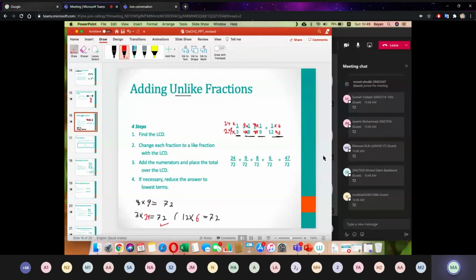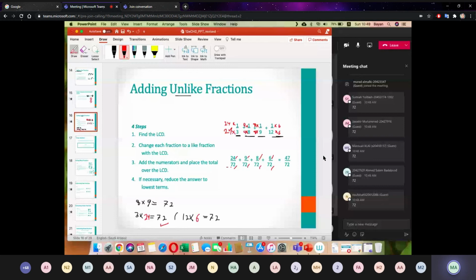So 24 times 1 will give you 24. 24 times 3 will give you 72. Here we have 1 times 9 is 9. 9 times 8 is 72. 8 times 1 is 8. 8 times 9, 72. 1 times 6, 6. 12 times 6, 72.